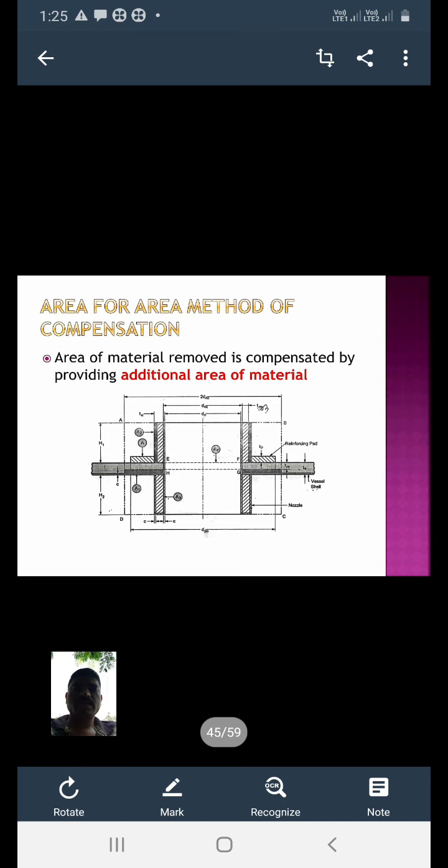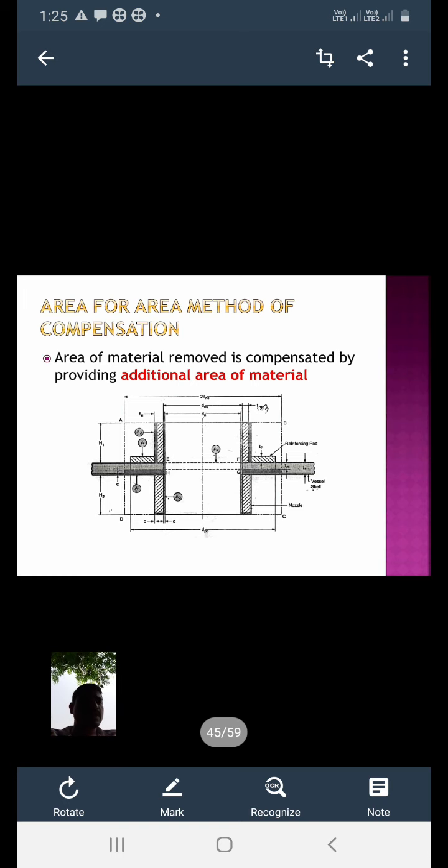Some units and notations we have seen before that. Then TRN, the minimum required thickness of the nozzle. This is given in mm. Okay, and Tn is the actual thickness of the nozzle. Also this is given in mm. Then again, TRS is the minimum required thickness of the vessel shell.